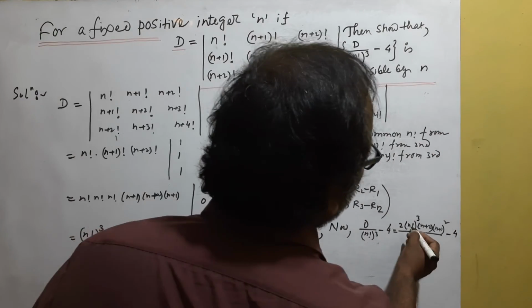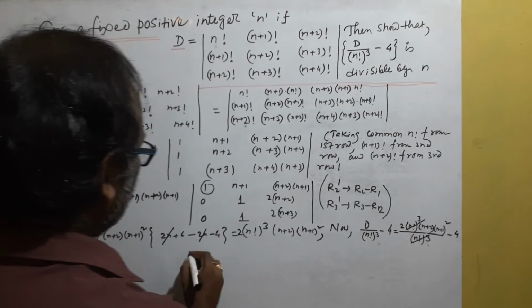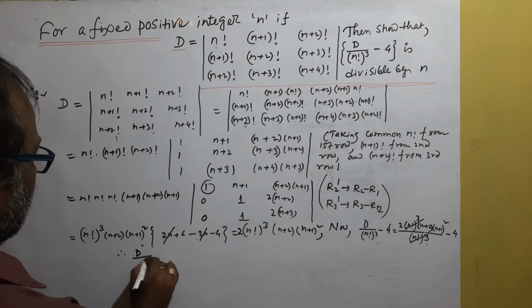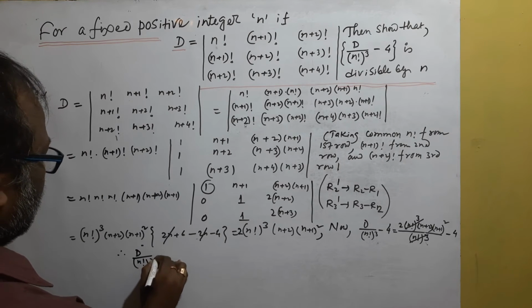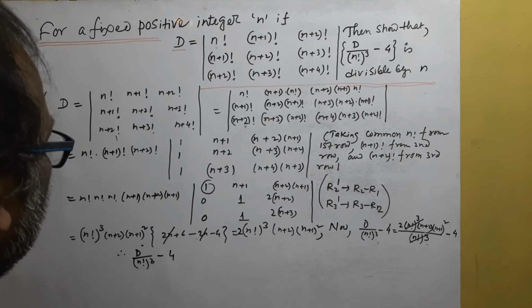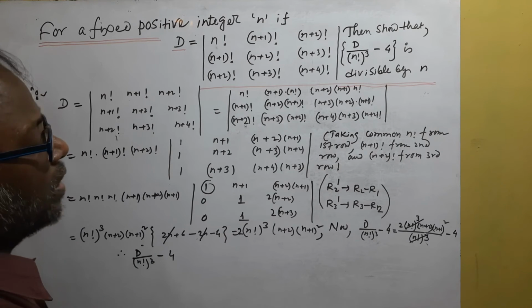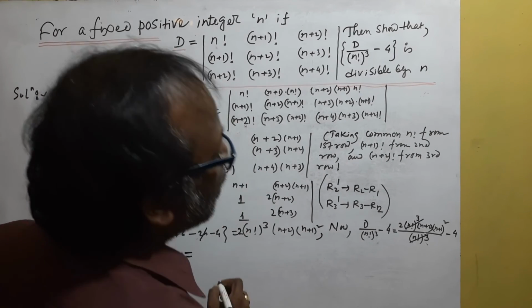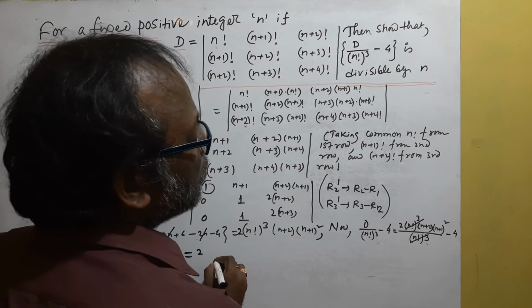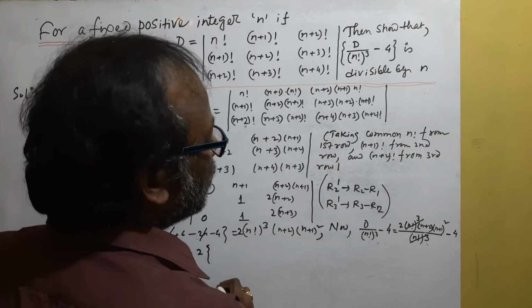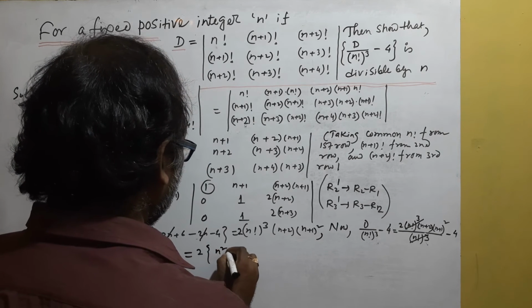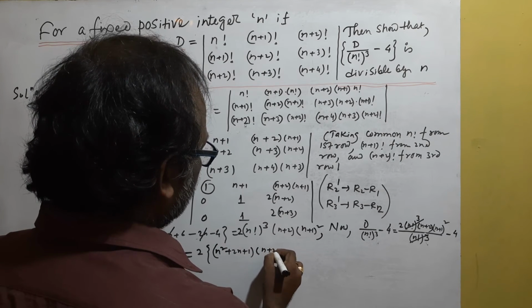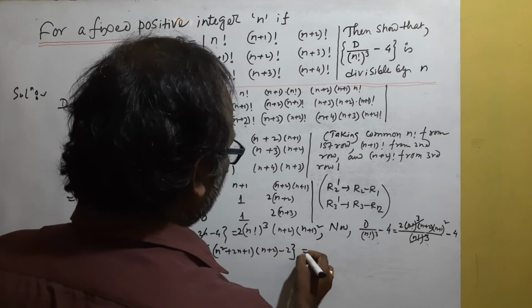Now simplify. These two are cancelled, therefore D by factorial n cube minus 4, and the figure is here. We got 2, take common 2 here, so this is n square 2n plus 1 and n plus 2 minus 2.